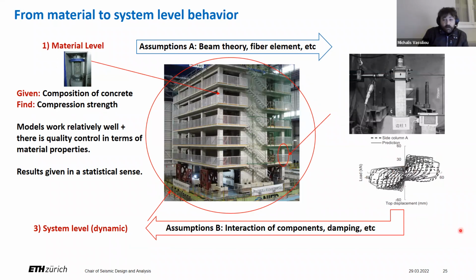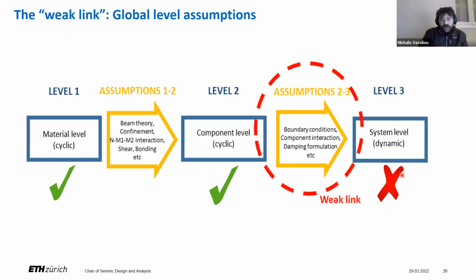So then we make some more assumptions related to interaction of components, formulation of damping, etc., to go to system level behavior. And we have the mess that I showed in the previous slide, not in the previous, in one of the first ones. Okay, so schematically, here it is: material level, assumptions, component level, more assumptions, system level.